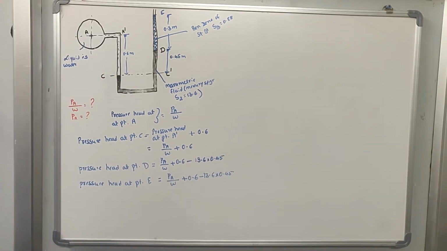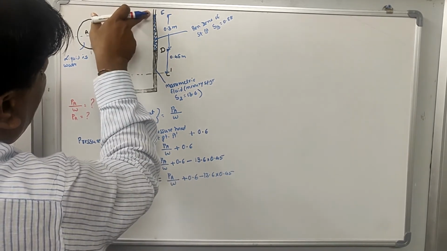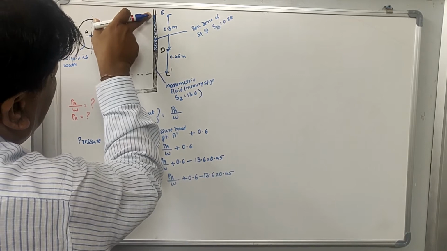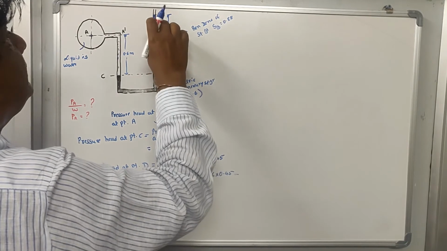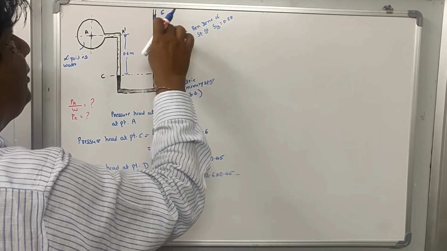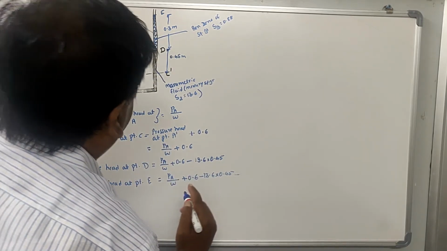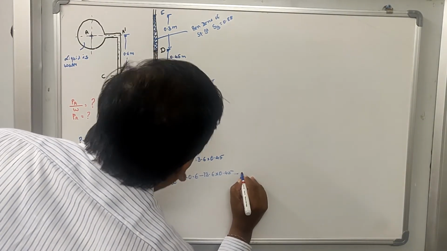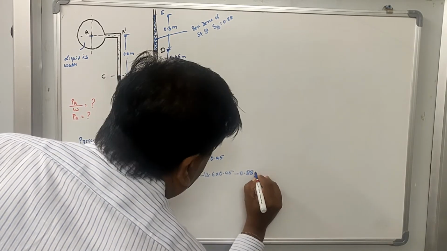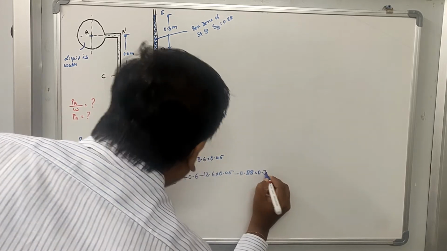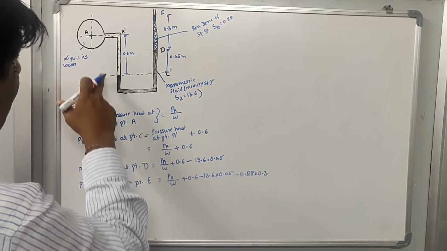This is the pressure head at point D, but now we are calculating the pressure head at point E. The next point E is lying above the point D, so you make the minus sign. Then the specific gravity of this fluid multiplied by the column height of fluid benzene, that is 0.88 multiplied by 0.3. So this is the pressure head at point E when we started from point A.